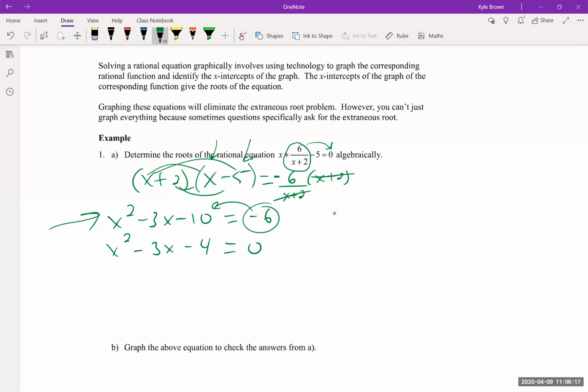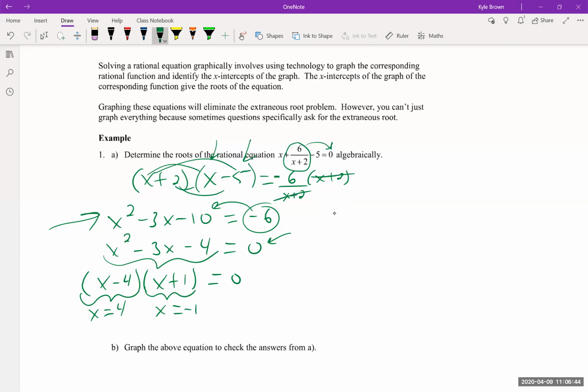We set it up this way because now we can factor. Factoring that as x minus 4 and x plus 1 is equal to 0 makes our answers x equals 4 and x equals negative 1. Those should be our solutions.